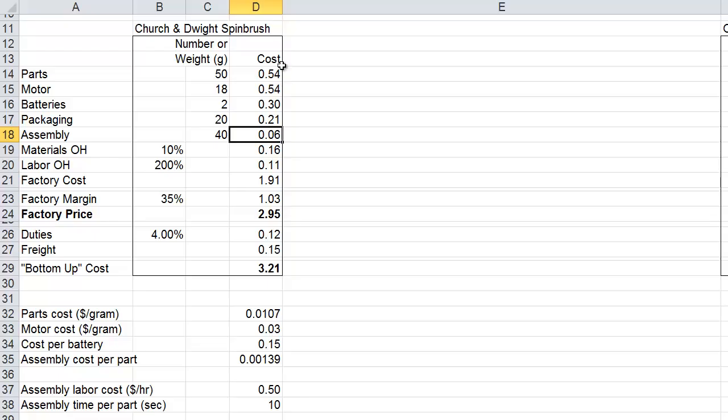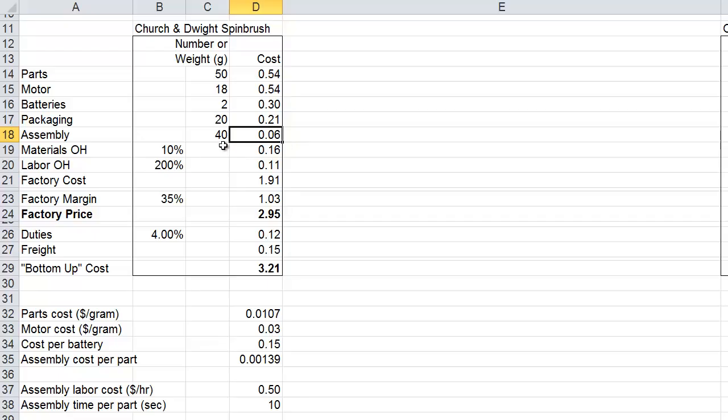All right, so by that logic, and I think these numbers, by the way, are really pretty close. The parts in the product are 54 cents. The motor is an additional 54 cents. The batteries, there are two of them, that comes out to 30 cents. The packaging, which I didn't show in the teardown, but which is about 20 grams, is 21 cents.